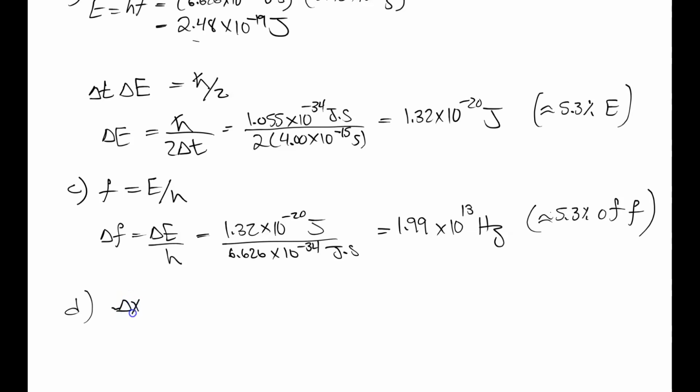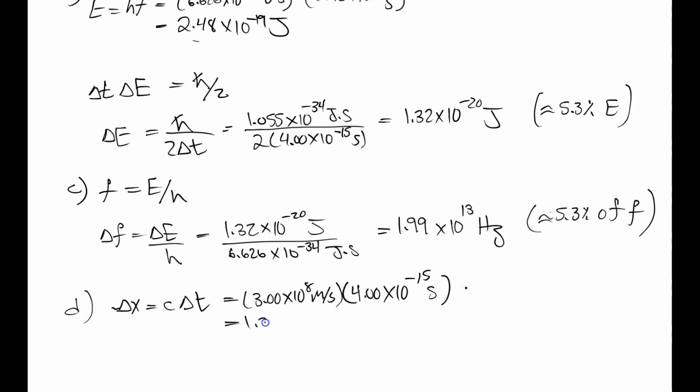So delta x equals c delta t, which is 3 times 10 to the 8th meters per second, times delta t, which is 4 times 10 to the negative 15th second, or 1.2 times 10 to the negative 6 meter.